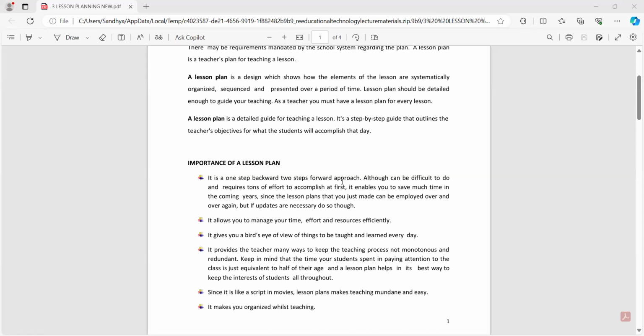I myself have experienced that. When we are very well planned, when we walk into the class with a very well planned lesson, students actually have no time to idle, because the teacher knows what happens first, what materials to be used first, what happens next, and all these things.